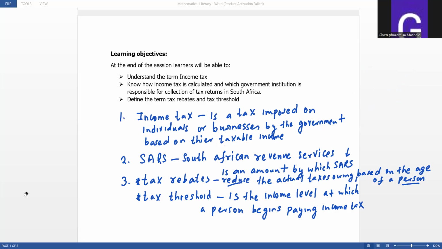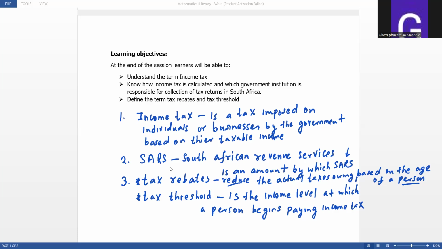Now, let's continue. Okay, right. In terms of these definitions, as I said, you need to be able to define what an income tax is and also know which government institution is responsible for the collection of these taxes in South Africa from individuals or from businesses.